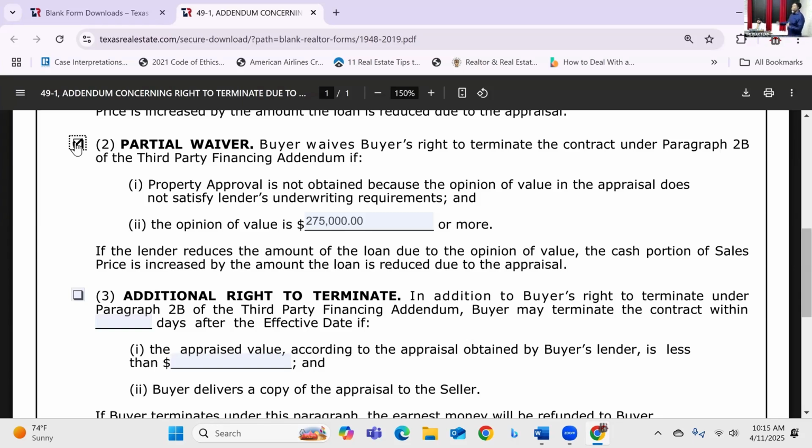So we have a contract for $300,000, we go through the process, and the appraisal comes out at that same $200,000. Now the buyer can terminate and get their earnest money back because it didn't meet the threshold. Now let's say that same contract, $300,000, the appraisal comes in at $275,000.